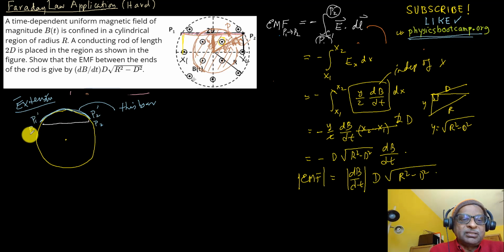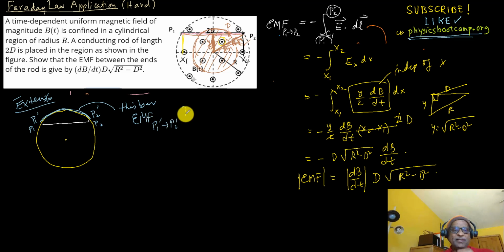These are written just for clarity. So what will be the EMF from P1 prime to P2 prime? Well, you find out. Let's do this out together. So what we need to do is integrate over this C2, this path from here to there.